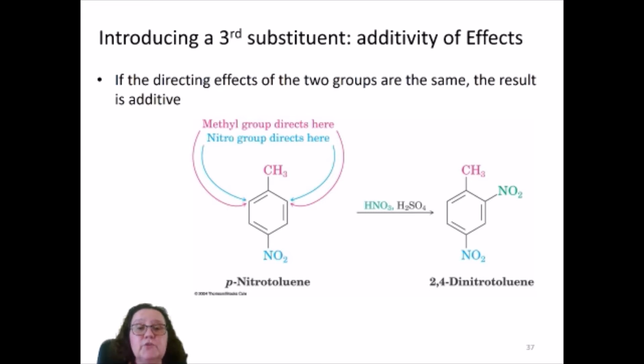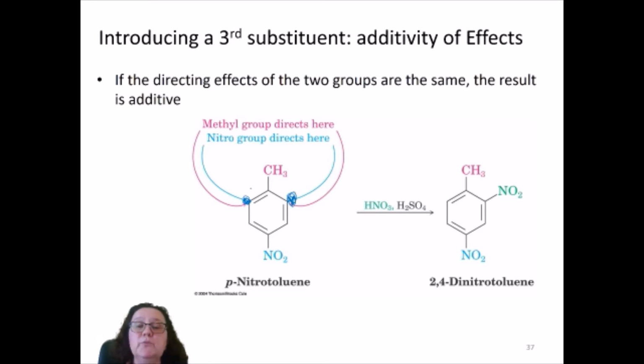So for example, you've got here para-nitrotoluene. A methyl group directs ortho and, well, para, but there is already a group in a para position. And the nitro group directs a meta position from itself, which is again these two positions here.